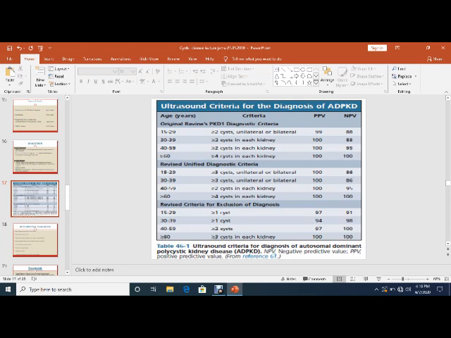PPV is positive predictive value, NPV is negative predictive value. So 30 to 39, more than 2 cysts in each kidney. So as age advances, the cyst formation increases. Initially unilateral, then bilateral.